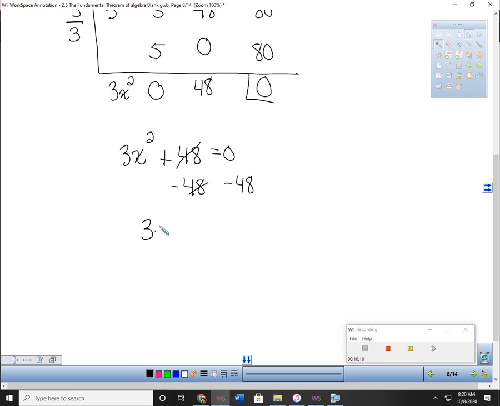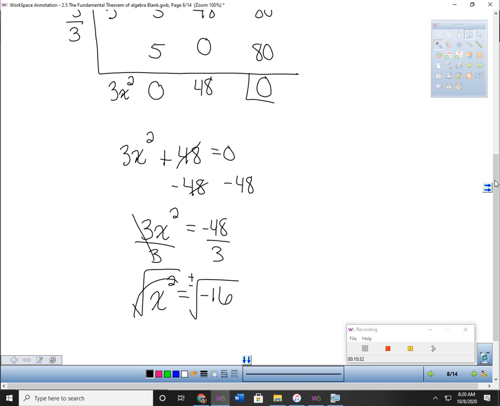That gives me 3x squared is equal to negative 48. I'll divide by 3. So x squared is equal to negative 16. Then I will square root, which gives me my two answers, right?